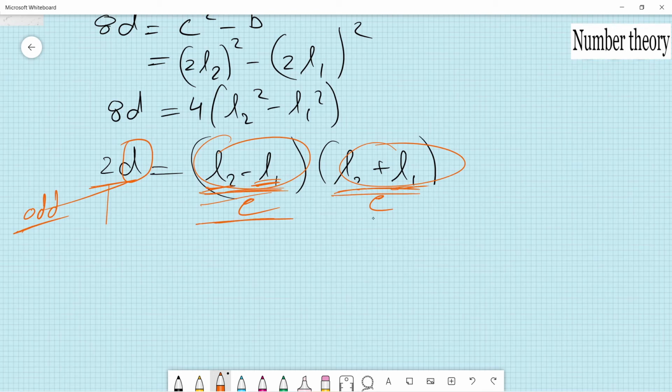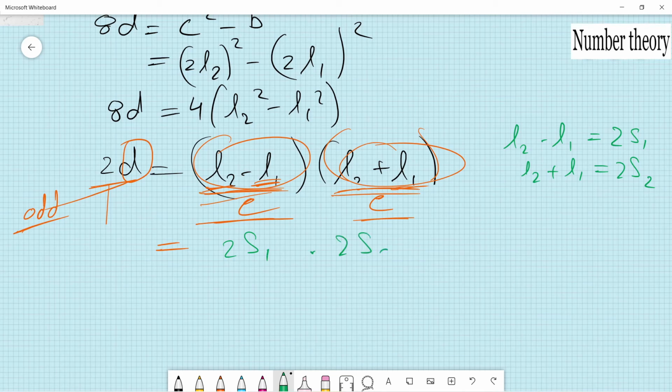Since L2 minus L1 is even, we can write L2 minus L1 as 2S1, and L2 plus L1 we can write as 2S2. So write it here: 2S1 multiplied by 2S2, we get 4 multiplied by S1 S2, and here we have 2D. From here we get D equals 2S1 S2.